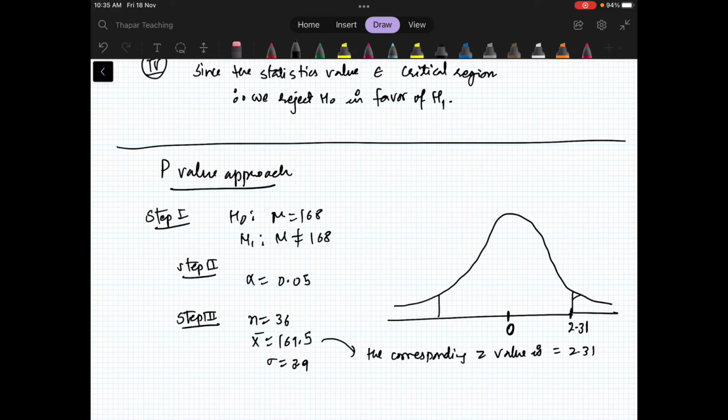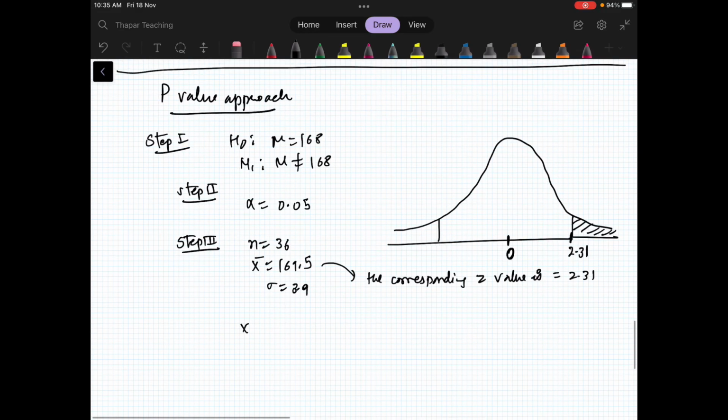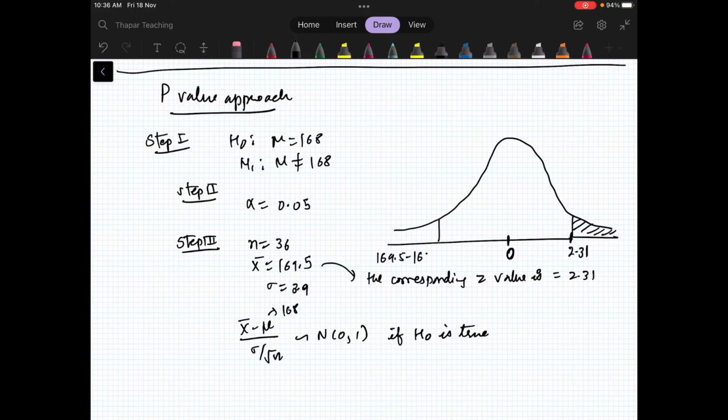We were expecting that x bar minus mu over sigma by square root of n should be normally distributed if h naught is true. H naught true means I'll replace mu with 168. So here I found the same parameter, 169.5 minus 168 over sigma, which is 3.9, divided by square root of 36. So this value is 2.31.